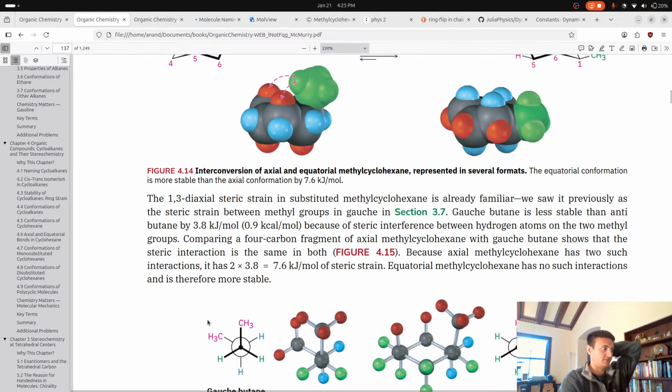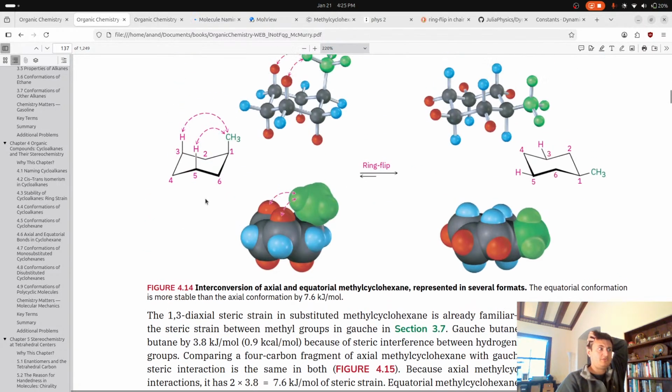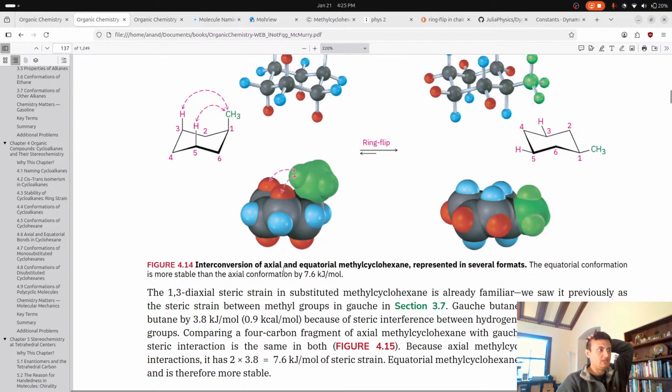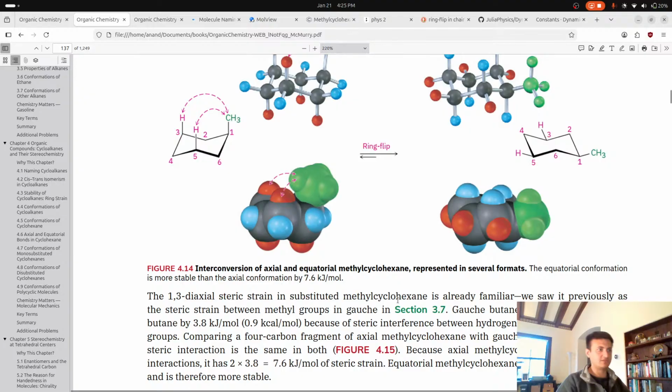We're almost done with the chapter, I think. The 1,3-diaxial steric strain in substituted methyl cyclohexane is already familiar. We saw it previously as steric strain between methyl groups in gauche butane, I think it was.